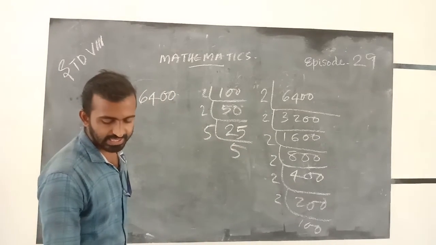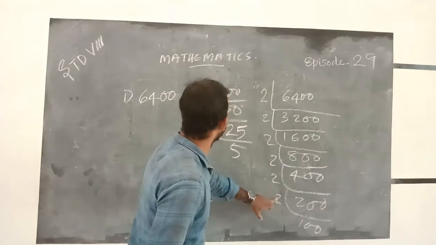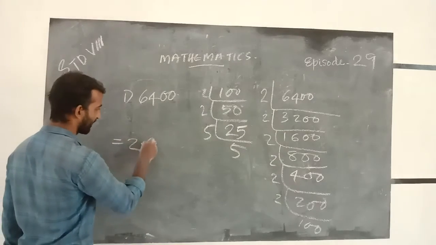Easy. Here we count 1, 2, 3, 4, 5, 6, 7, 8, so we write it as 4 times.